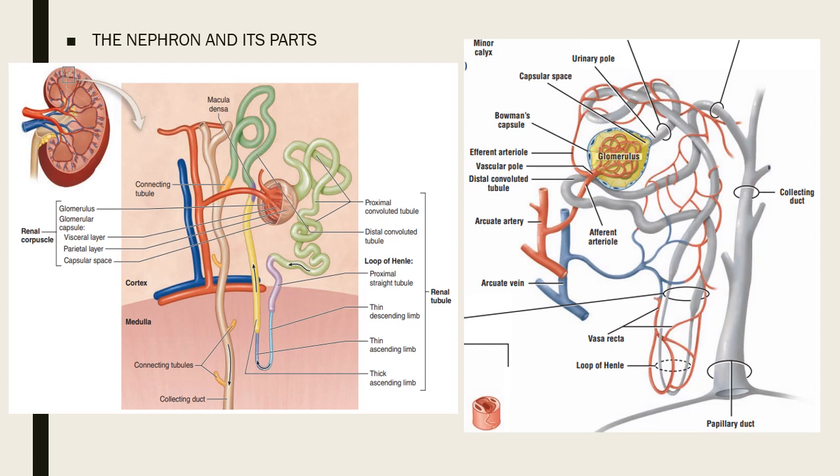In your loop of Henle, you have a thick descending segment and then a thin descending segment, then your U-shaped segment, and then a thin ascending and a thick ascending segment.